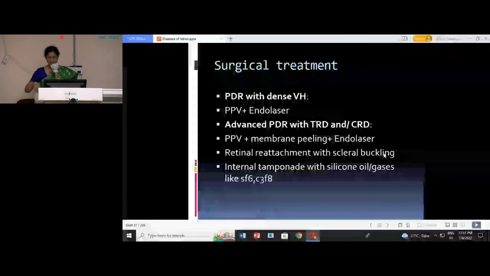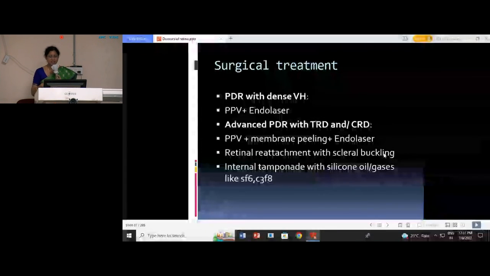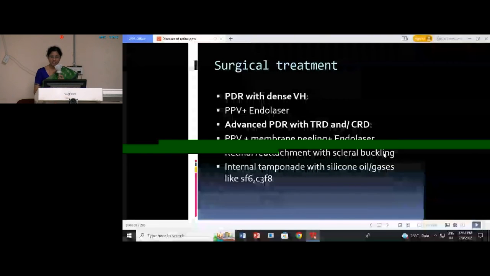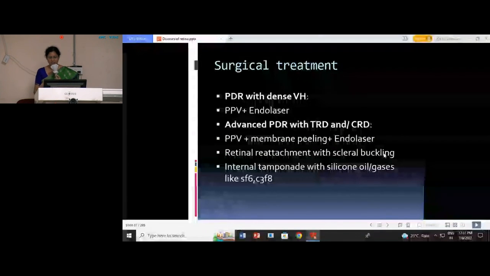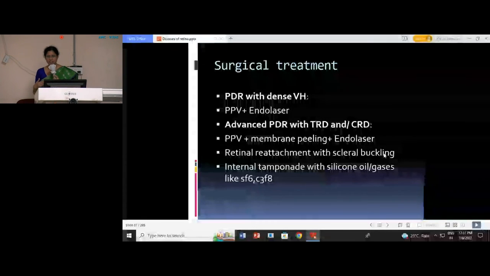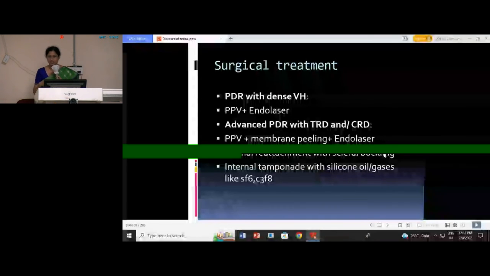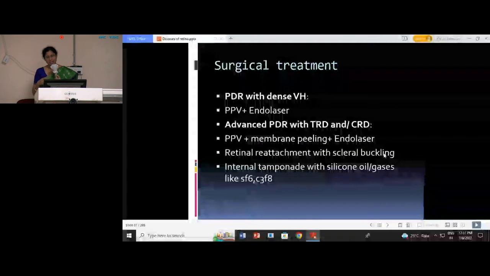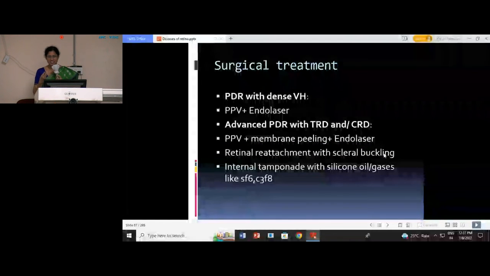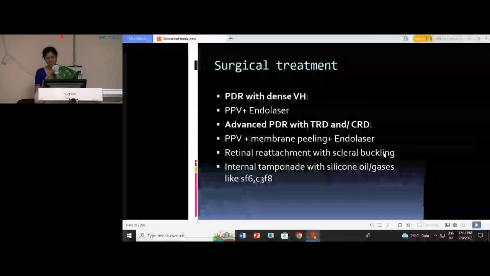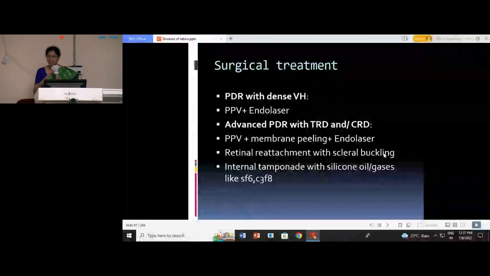Endolaser. If the retina is detached, we need to reattach the retina, by scleral buckling and then internal tamponade with silicone oil or gases like SF6 or C3F8. So retinal reattachment is done by internal tamponade or external tamponade.